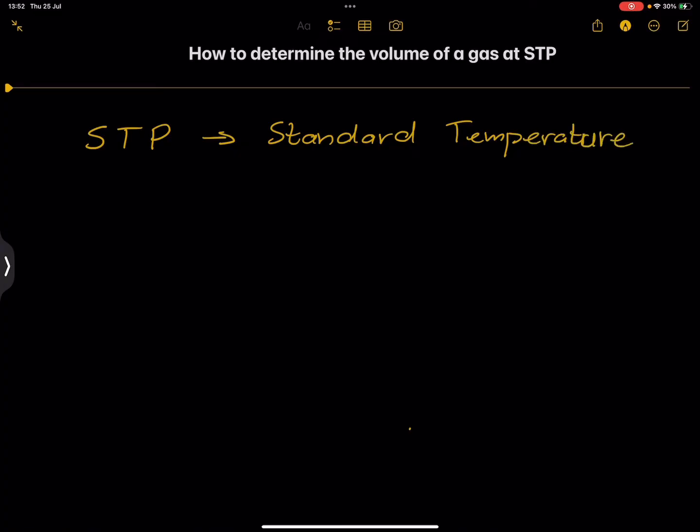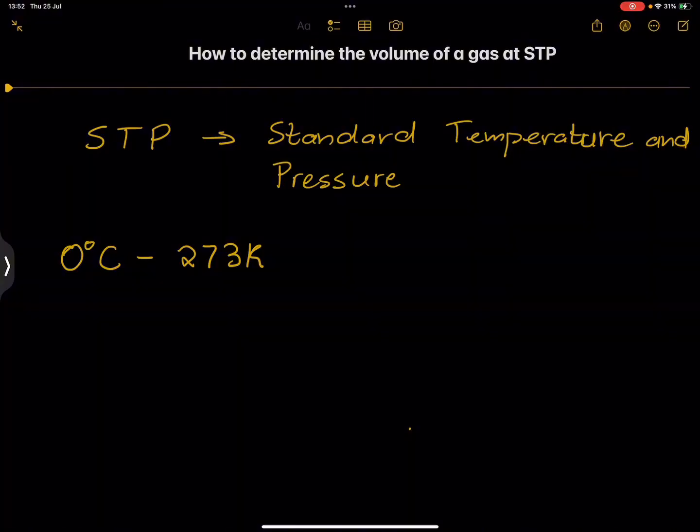Now, standard temperature is said to be 0 degrees Celsius, which when we represent it in Kelvin is 273 Kelvin. So that's the scale that we usually use in chemistry. So that's standard temperature. But what about standard pressure?